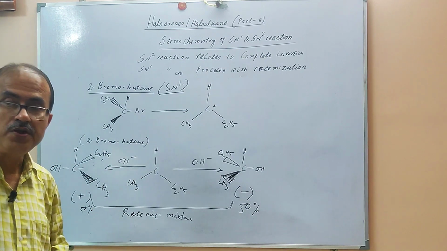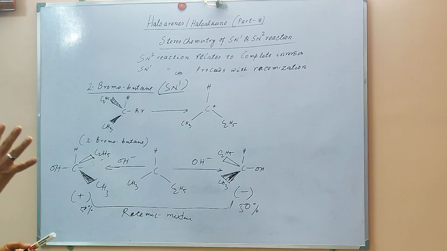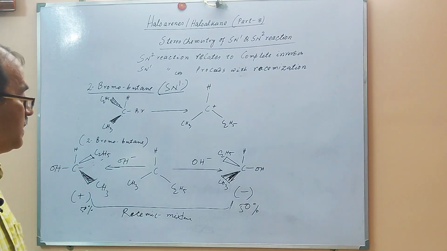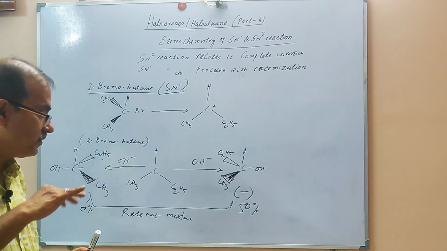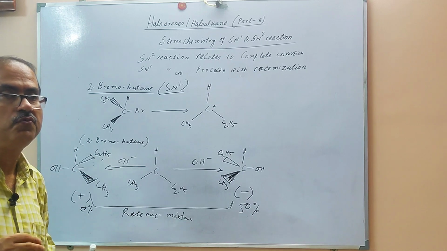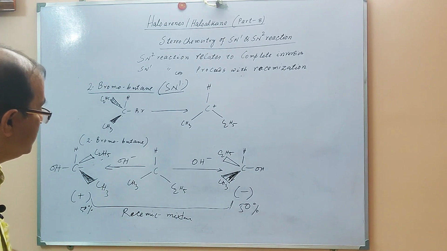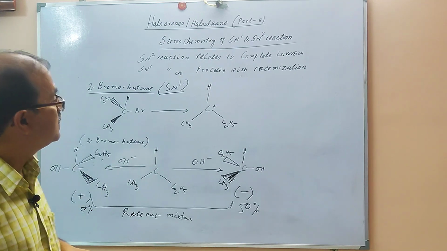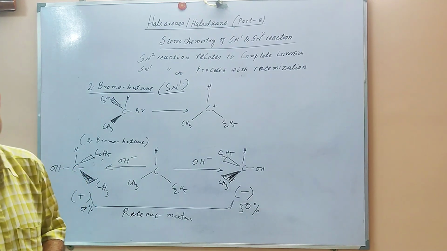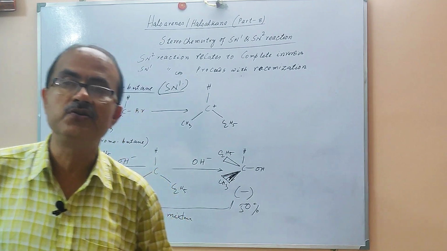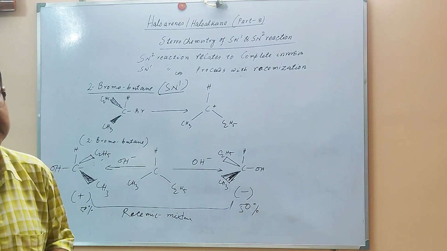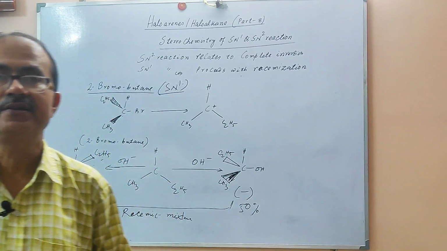It will give a product which does not have any optical activity, so we do not observe optical activity in this product. So now you can understand how in the Sn1 and Sn2 reactions the stereochemistry changes.